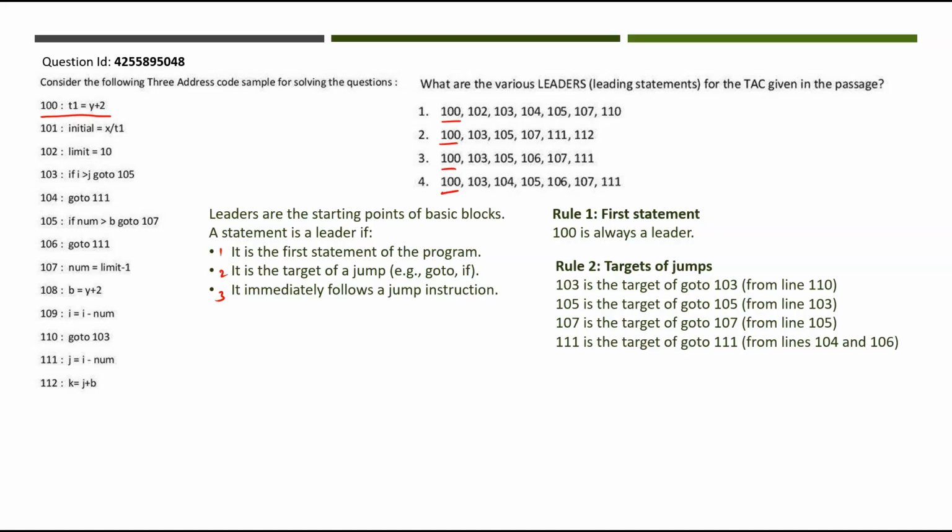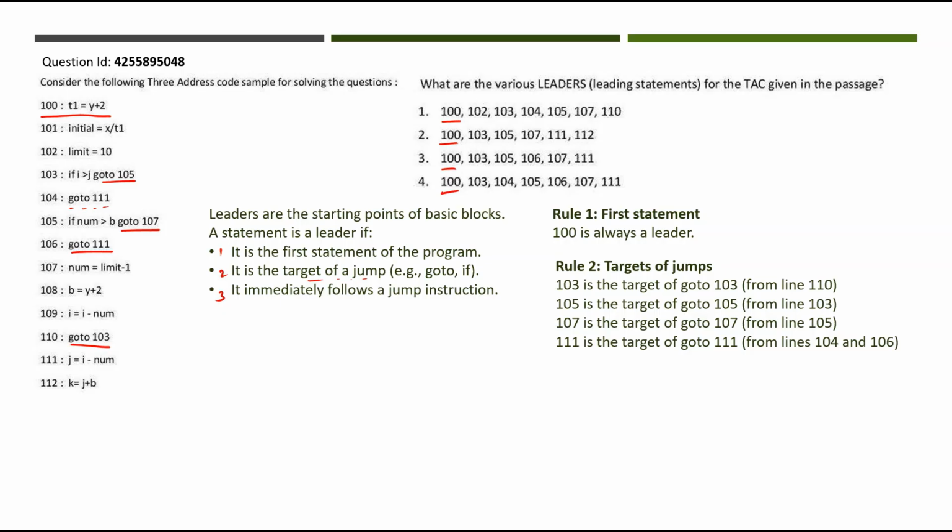What about rule 2? Targets of jumps. 103 is the target of go to 103. We have go to 105, go to 107 and go to 111. 103, 105, 107, 111. All these are targets of jumps. The targets of jumps are leaders. This is rule 2.